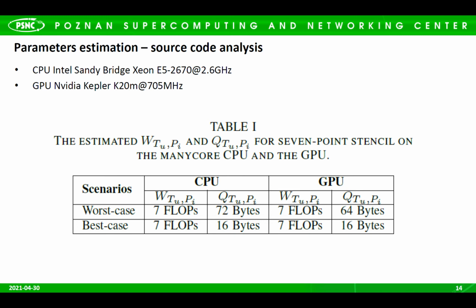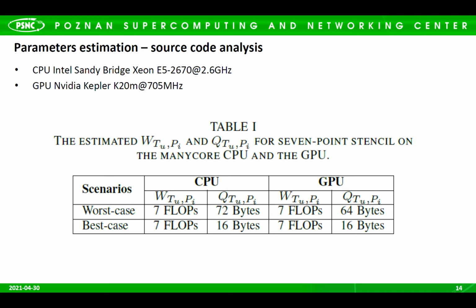The worst case scenario assumes that none of the data can be cached during the execution of the stencil statement. The best case scenario, as an opposite, assumes an infinitely large cache where all data can be cached. In a nutshell, there are two types of operations in the reference stencil: a single multiplication and 6 additions.